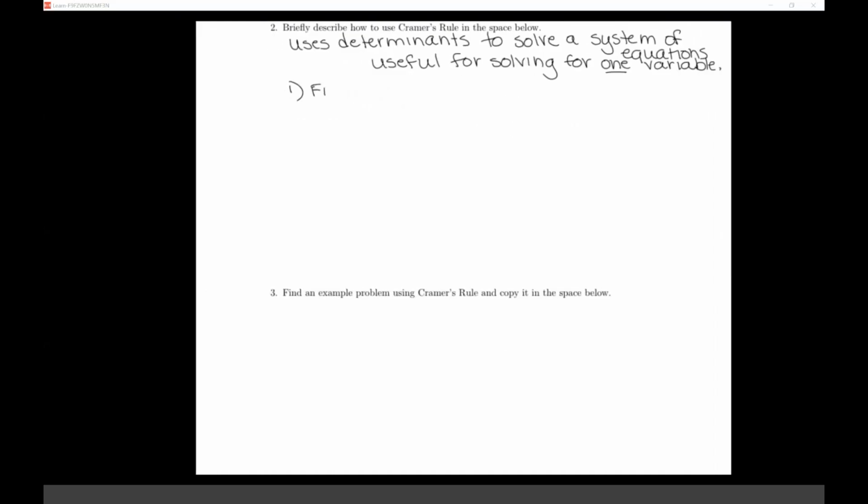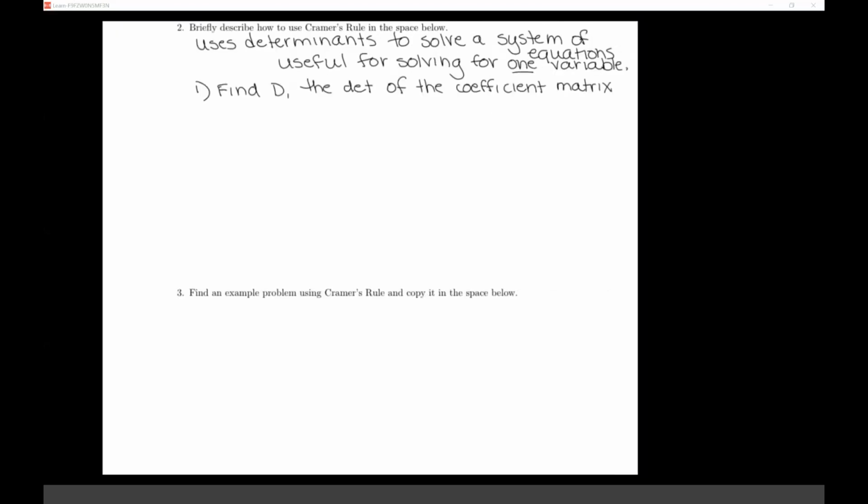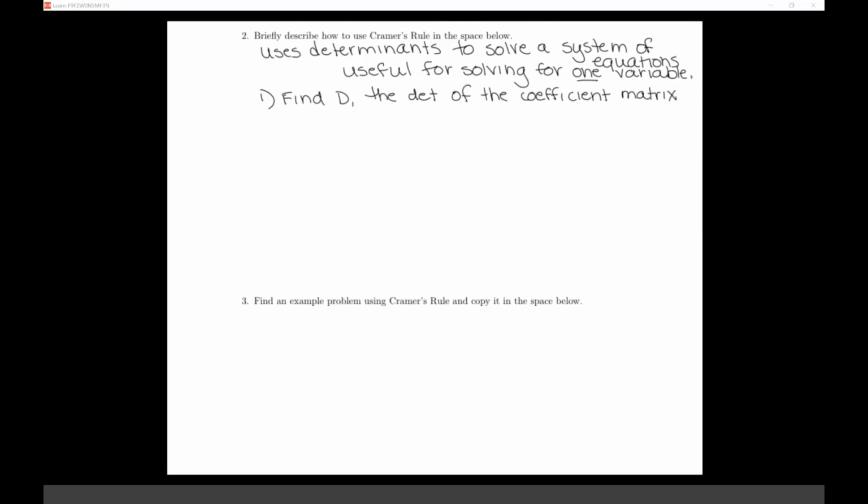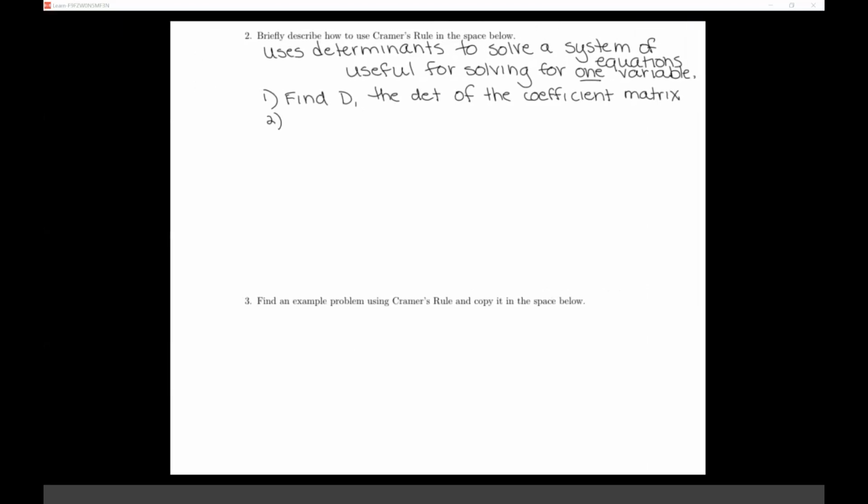Find D, the determinant of your coefficient matrix. And again, I will write this out a lot nicer when I upload my notes. So find D, the determinant of the coefficient matrix. Then you're going to find a bunch of other matrices.